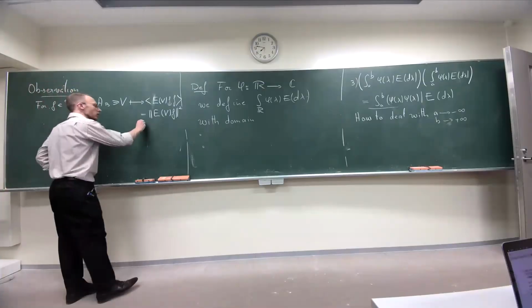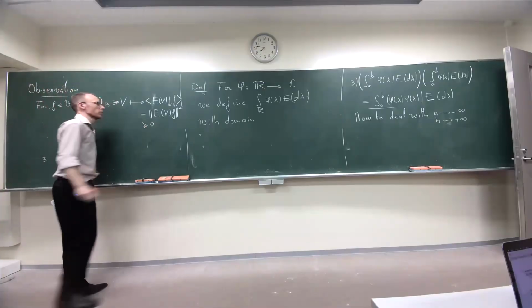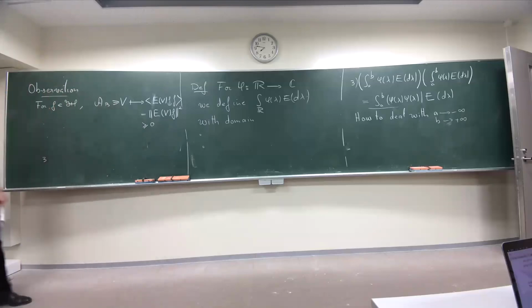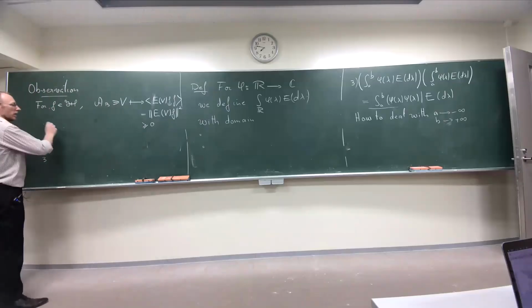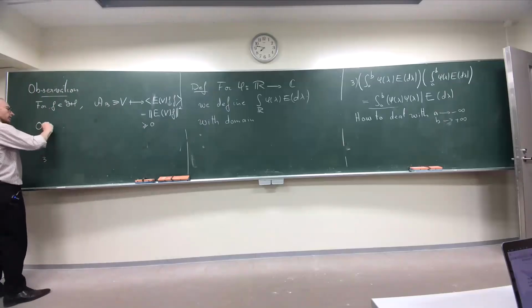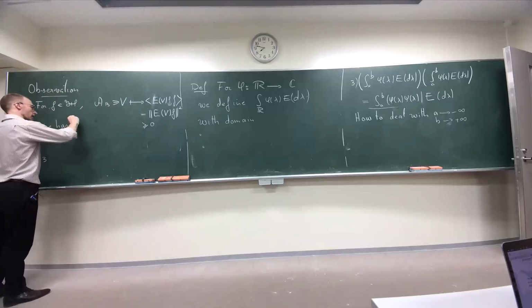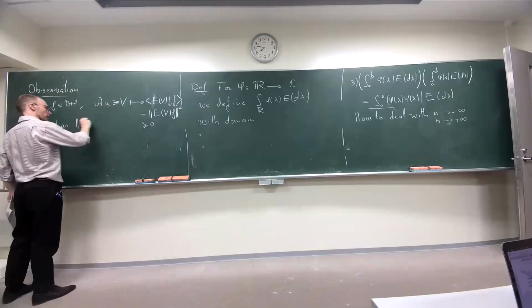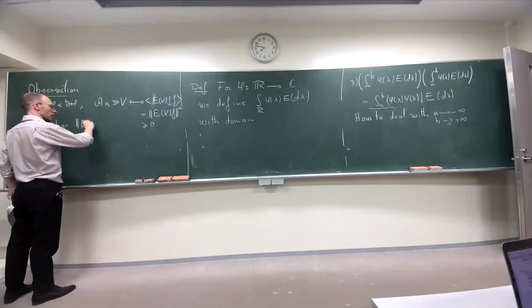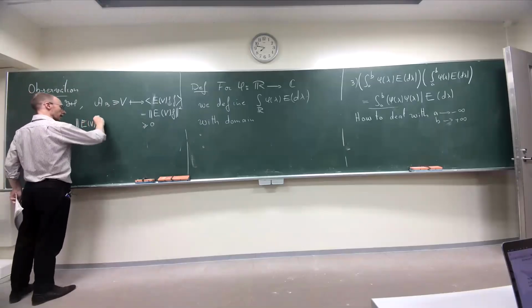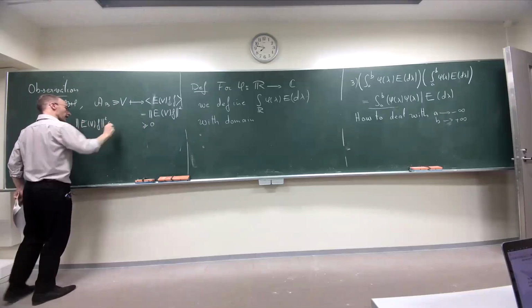So it means this is always bigger or equal to 0. It's not a complex number. It's a real number, bigger or equal to 0. And one has this E of V F squared. I want an upper norm.